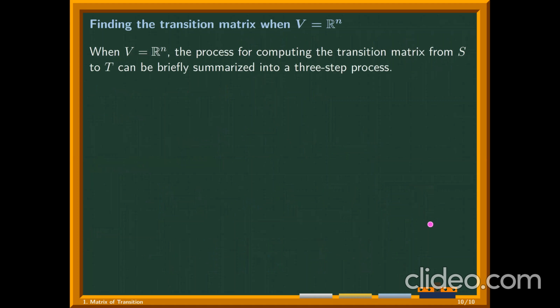The idea in the examples earlier can be applied to any vector space with any pair of ordered bases. But when V is Rn, the process for computing the transition matrix from S to T can be briefly summarized into a 3-step process.